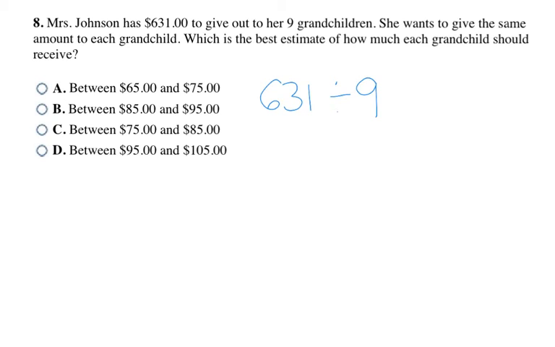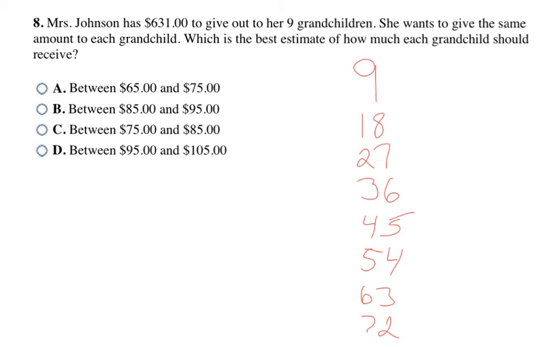So once again, I'm going to list down multiples of 9. So I have 9, 18, 27, 36, 45, 54, 63, 72, and I could keep going, 81, 90 if I needed to.